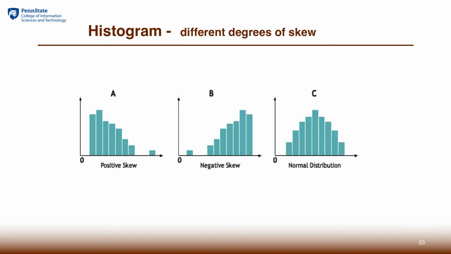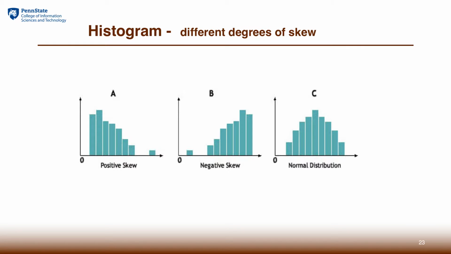The shape of the histogram tells us a lot about the relative distribution of values across this range. For example, histogram A basically shows a distribution skewed on the left side. In this case, we can expect that the majority of the values are low values. Histogram B shows another skewed distribution. We call it a negatively skewed distribution.